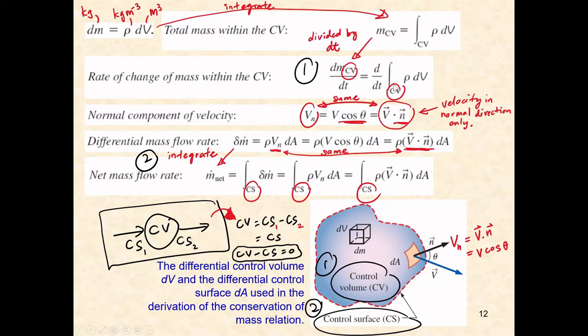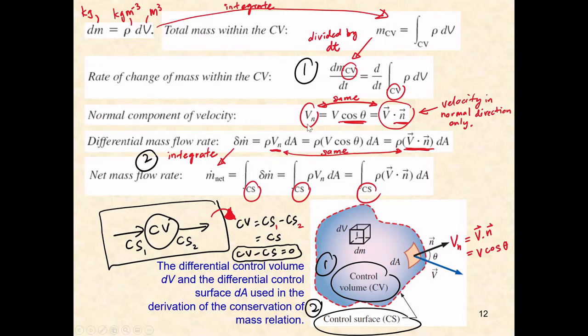This is the relationship you get if you differentiate with time. The whole purpose is to know how much the mass changes within the control volume. Let us look further.